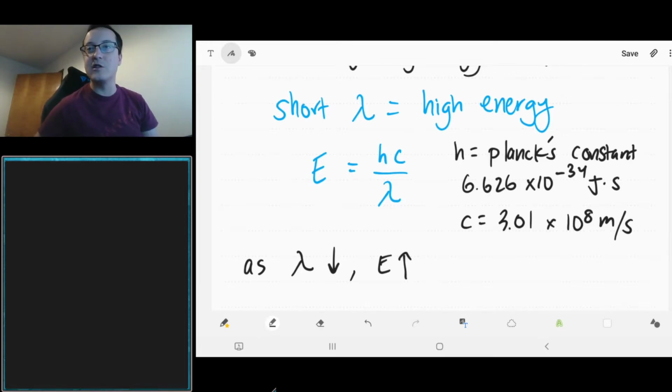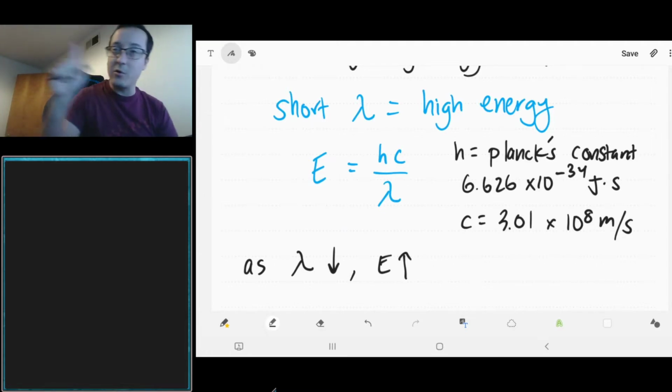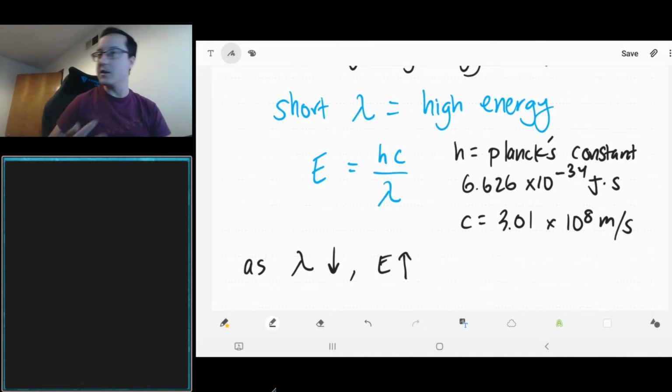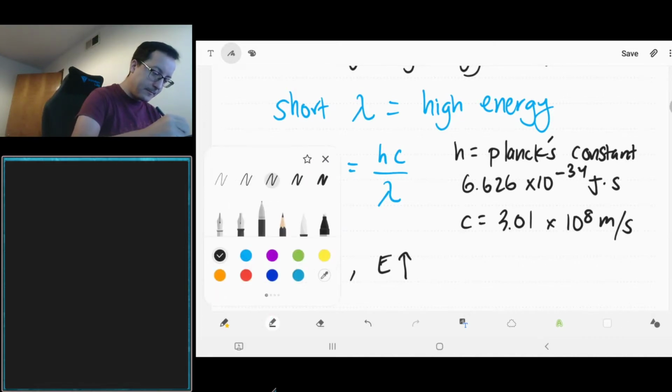So your energy is going to go up as your wavelength goes down. So I could ask you to compare two wavelengths of light and tell me which one has higher energy. I could also ask you, for example, let me throw one more equation at you, because we love equations.